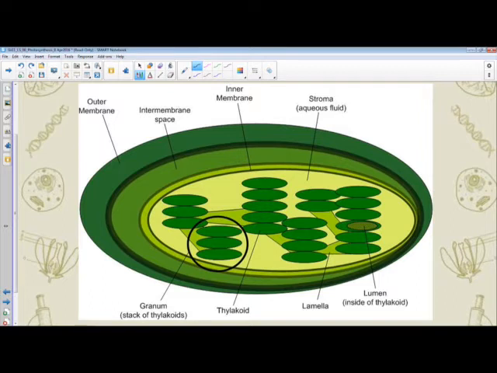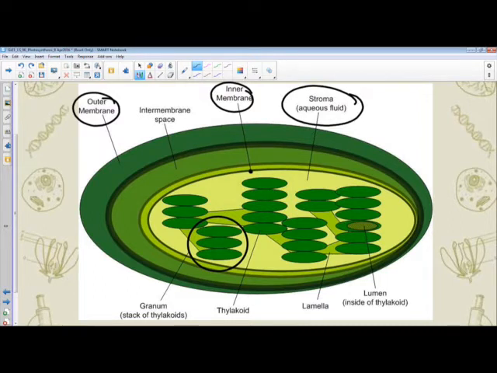It has an outer membrane and an inner membrane, as you see here, which contain the entire contents of the chloroplast. We have a space between the inner and outer membrane that's called the intermembrane space. The chloroplast is submerged in a liquid called stroma, which is an aqueous fluid that suspends the thylakoids and the grana.